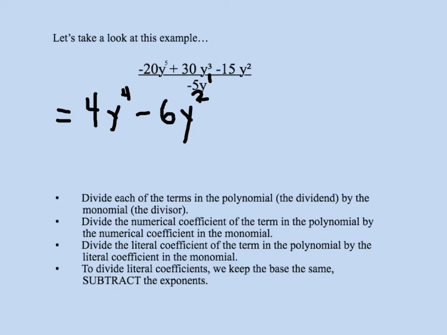Negative 15 divided by negative 5 gives us a positive 3. And y squared divided by y, keep your base the same, subtract your exponents, would be y to the 1, but again, we don't typically write that for an exponent. So there we have it. The quotient for this: 4y to the 4, subtract 6y squared plus 3y.